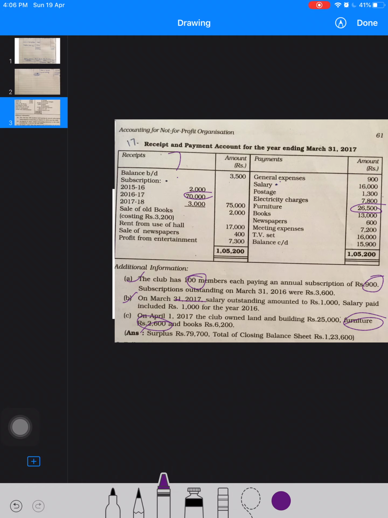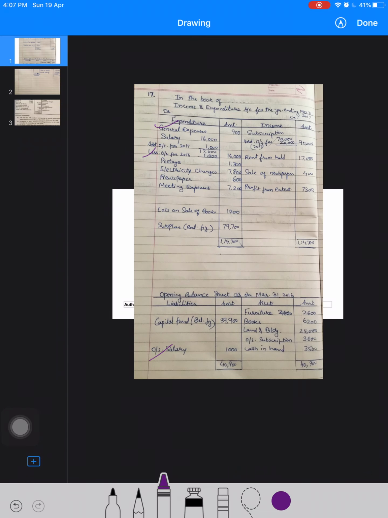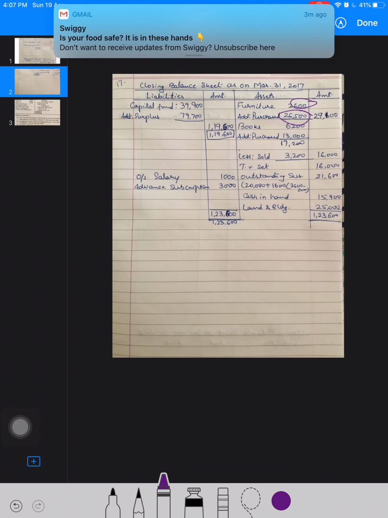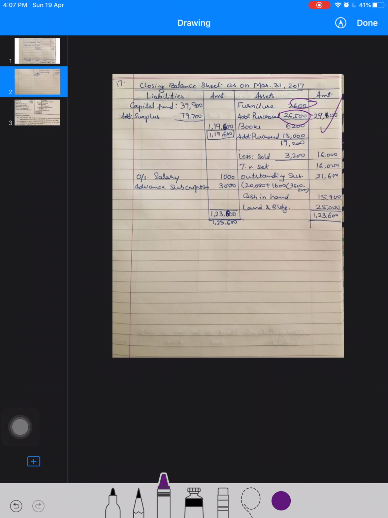Depreciation also you have to take care of, but there is no adjustment of depreciation, so we'll just pass the entry here. Furniture 2,600, this is of last year, so write down in opening balance sheet furniture 2,600. Then closing balance sheet furniture 2,600, add purchases, and there is no sale of furniture and no depreciation, so directly write down in the outer column whatever amount is there.